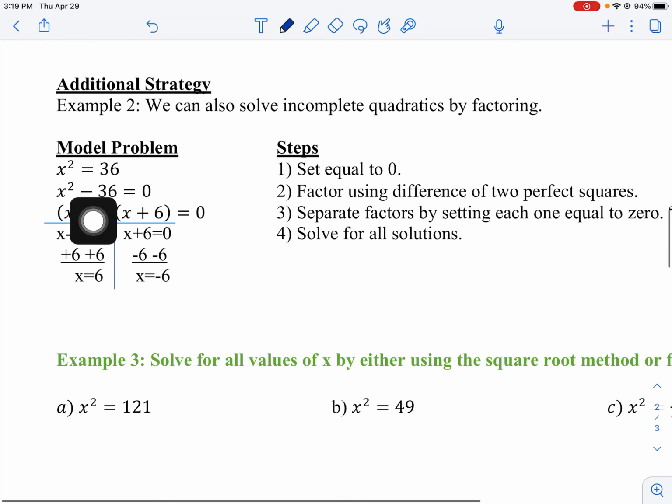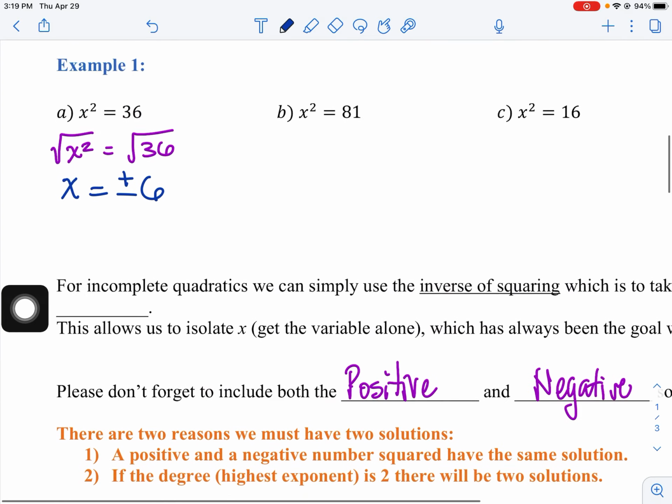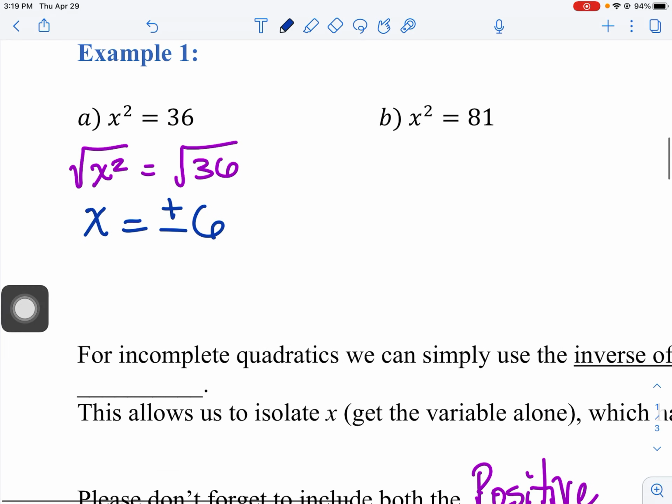Now factor the quadratic, x minus 6 times x plus 6. That's the difference of two perfect squares. Separate the factors and set each equal to 0. Solve, and you get x equals positive 6 and x equals negative 6. Same solution that I got right here, different way to do the problem.